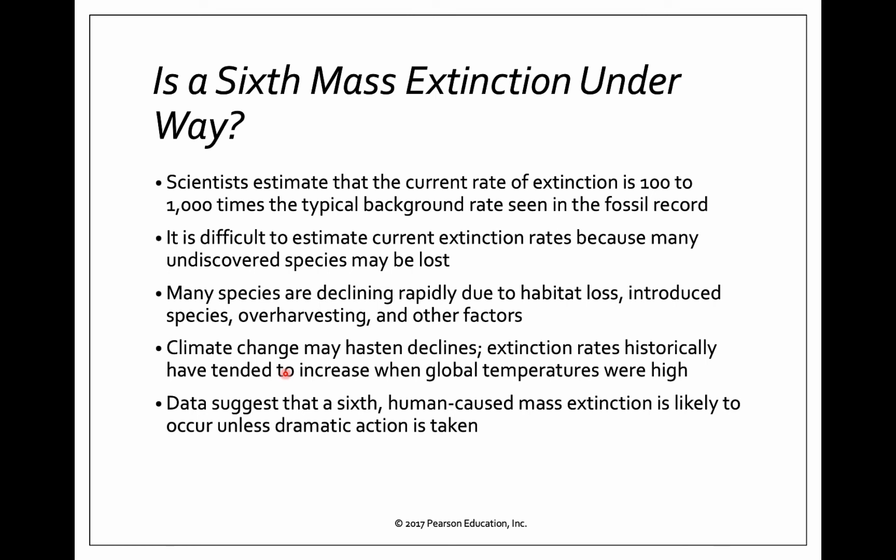So humans are continuing to damage the planet and causing the global temperatures to rise. And so when we change the environment of the entire planet, we're going to have to see organisms that either adapt. Some organisms will adapt through natural selection by developing new adaptations.